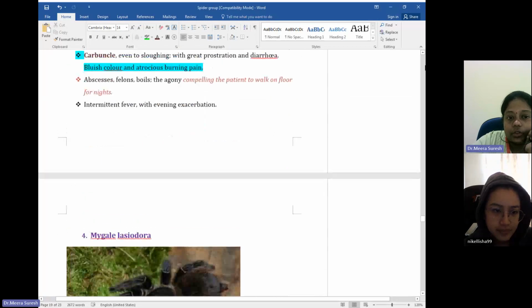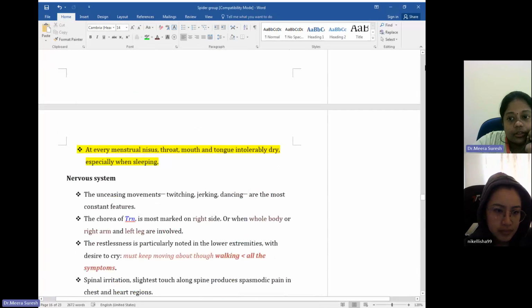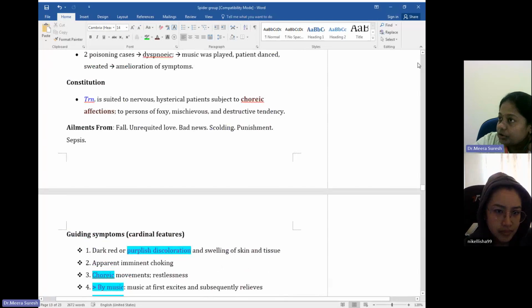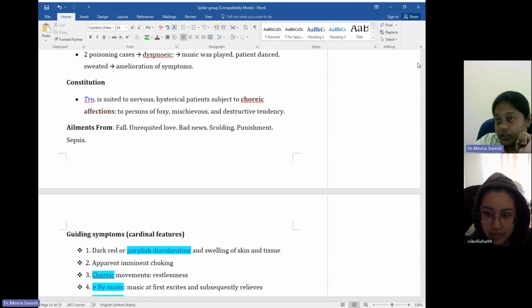So usually, as we did the other drugs, the carbon group, and later we will be doing the natrum group and kali group, I made you differentiate between the different systems. Usually that kind of question is followed for those groups in which the medicines really have so many characteristic features.